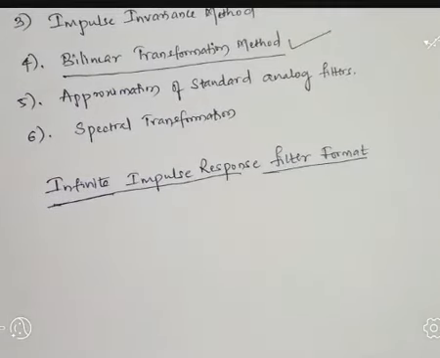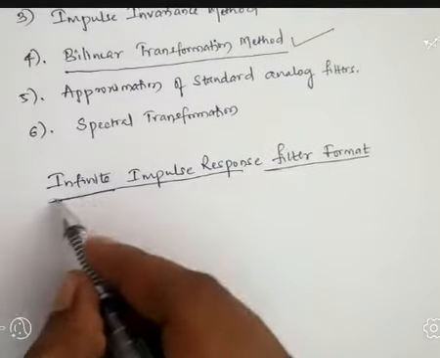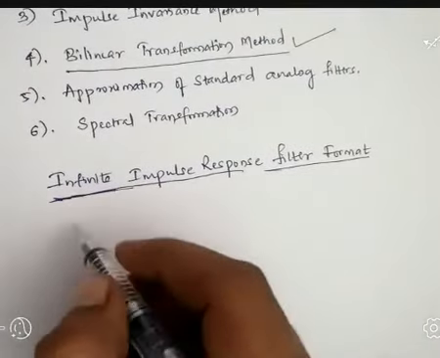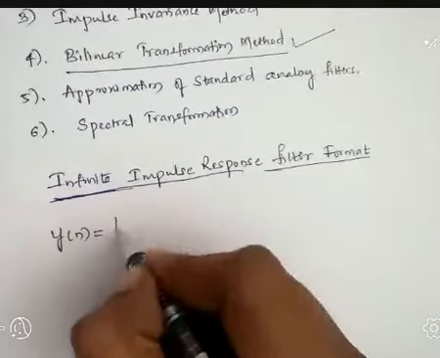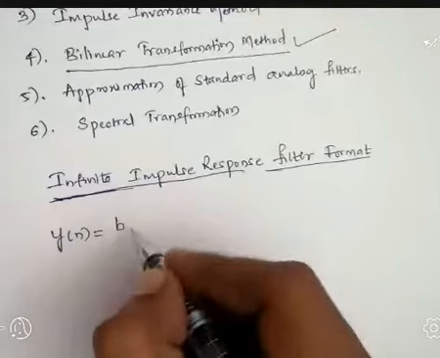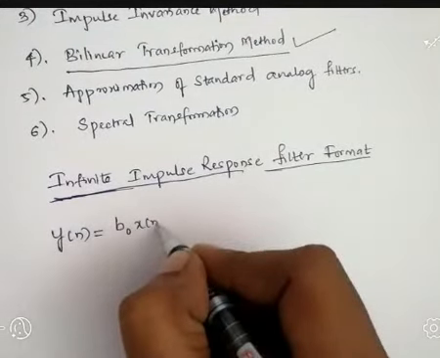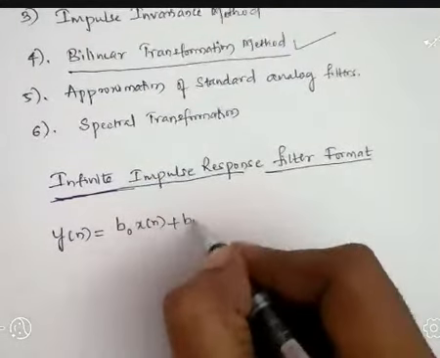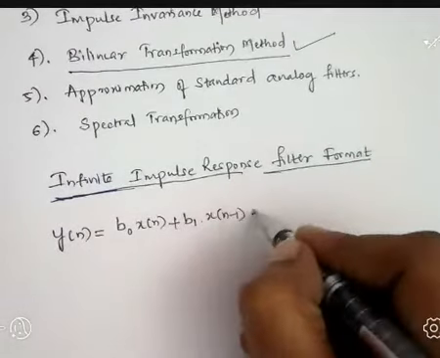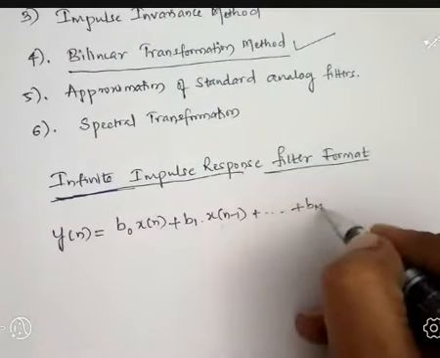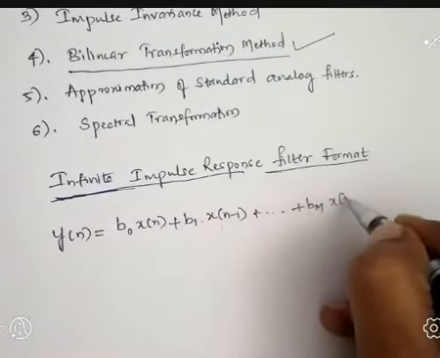In order to design an IIR filter, we have to express the filter in terms of a difference equation. As we discussed in the earlier sessions, that is y of n equal to b0 into x of n plus b1 into x of n minus 1 plus so on up to bm x of n minus m.